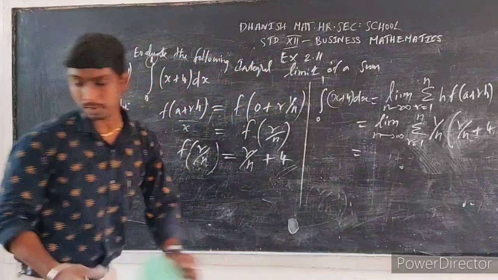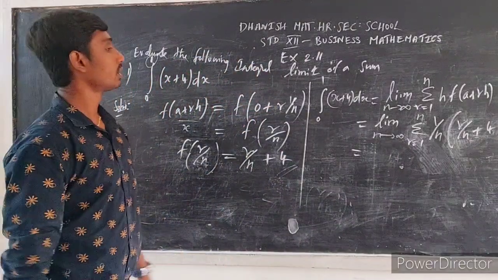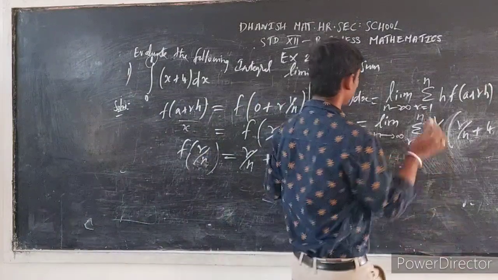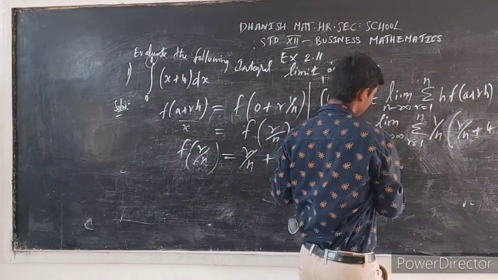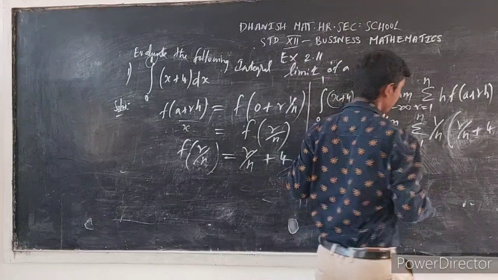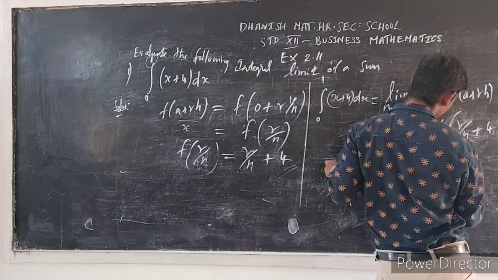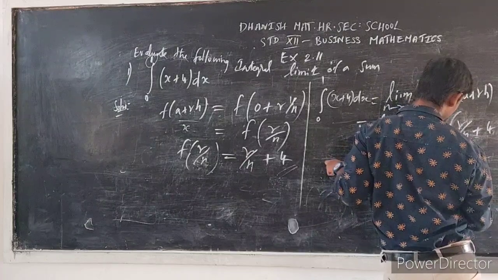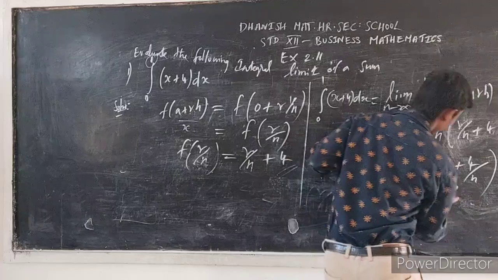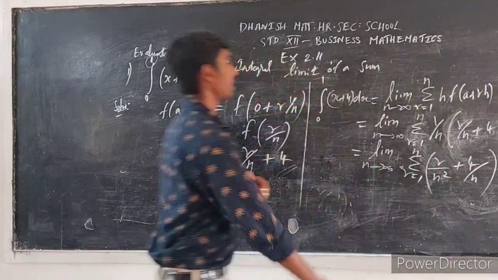Then you are going to multiply this 1 by n into these two terms. Let's substitute this one. Limit n tends to infinity, summation r equal to 1 to n, then r divided by n square plus 4 divided by n.